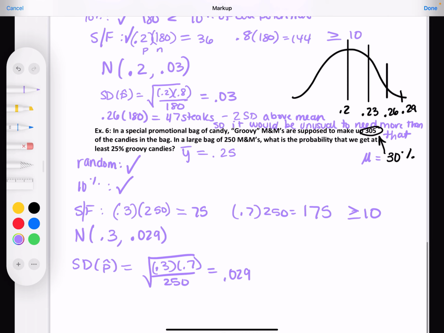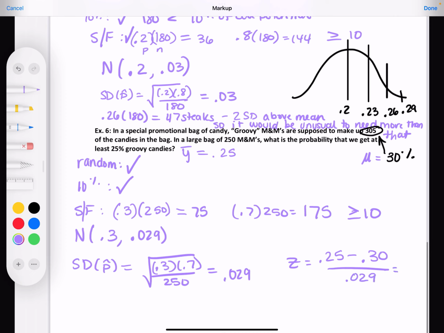Amazing. Alright, so I need to find the z-score. I want at least 25%, meaning I need more than that. So I'm still going to use normal CDF, but I need to find the z first. It's 0.25 minus 0.30 over the standard deviation, which is 0.29.